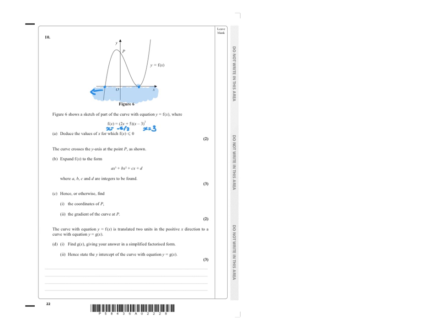So that means deduce the values for where this is less than or equal to 0. This is when x equals 3 or x is less than or equal to minus 5 over 2.